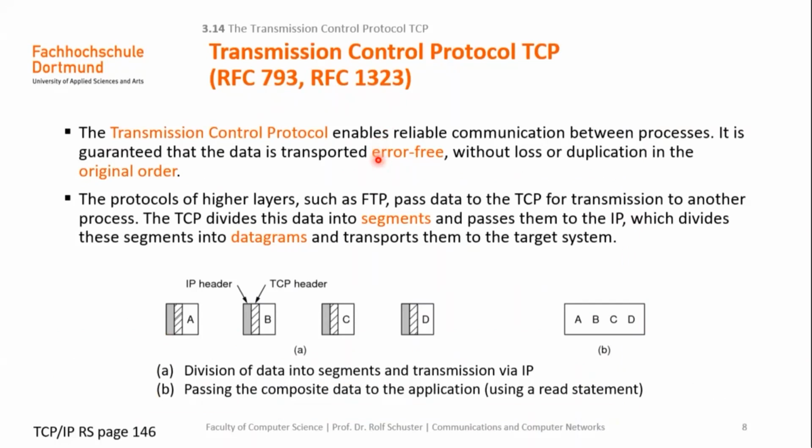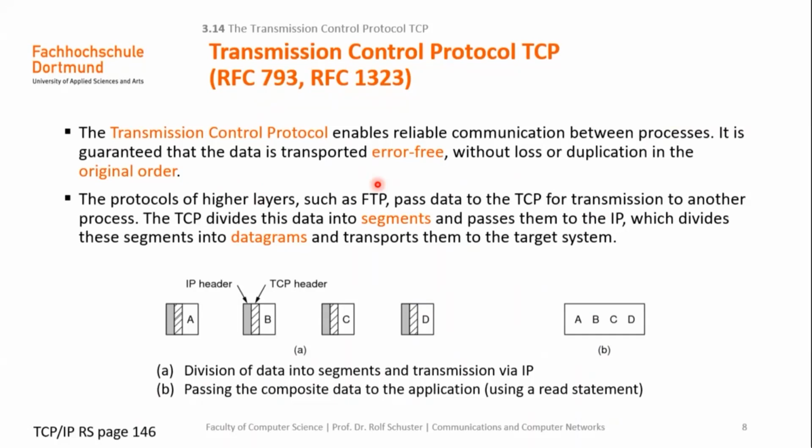It is guaranteed that the data is transported error-free, without loss or duplication, in the original order. The protocols of higher layers, such as FTP or HTTP, pass data to TCP for transmission to another process in another end system.